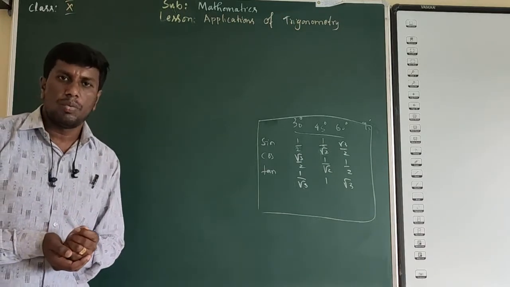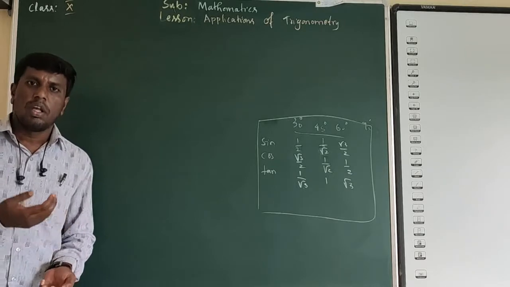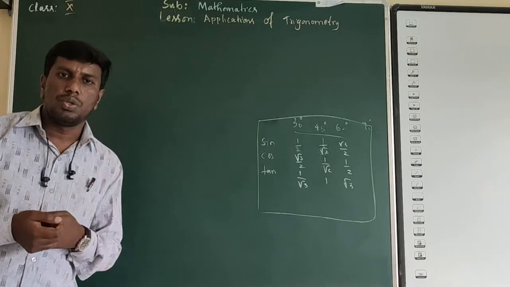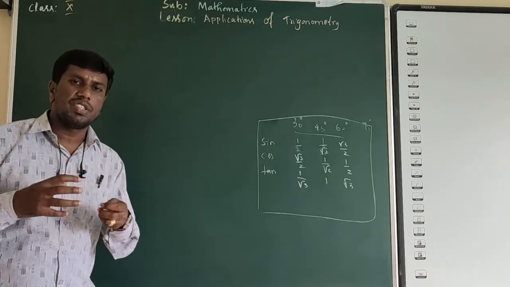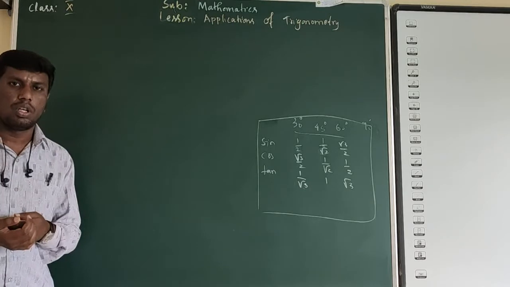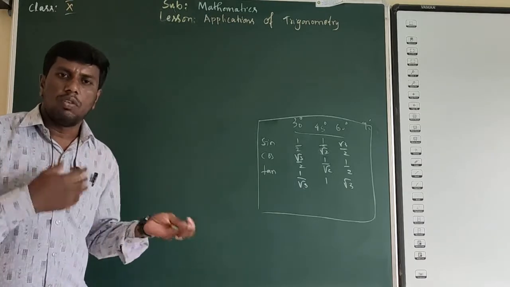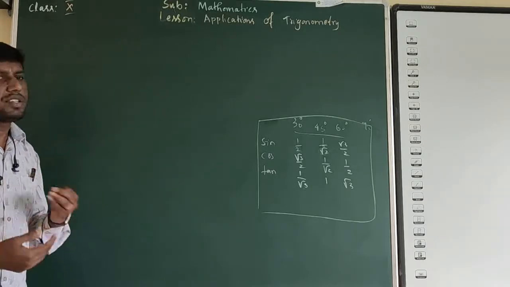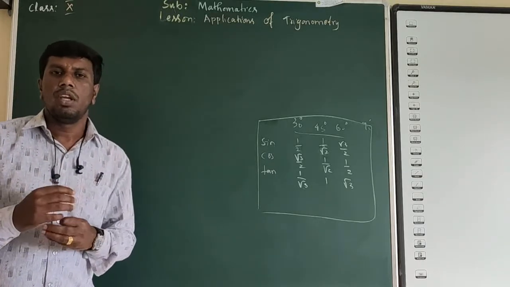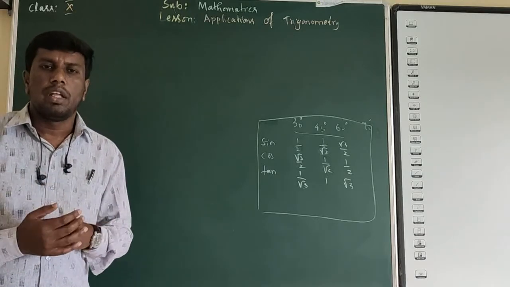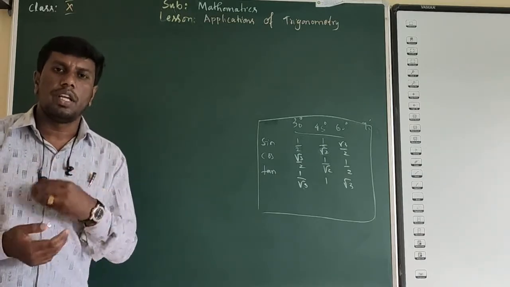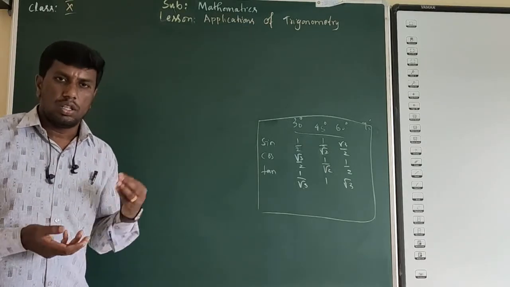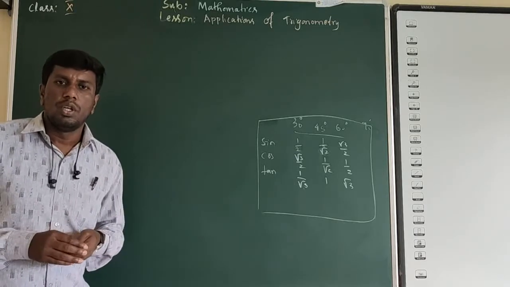Application of trigonometry. Last lesson we learned about trigonometry, how to use the trigonometric ratios, what the relationship between the ratios is, how to solve problems and prove identities. Here, in applications of trigonometry, we will see how trigonometry is useful in our day-to-day life, and how we can apply the trigonometry we have learned.